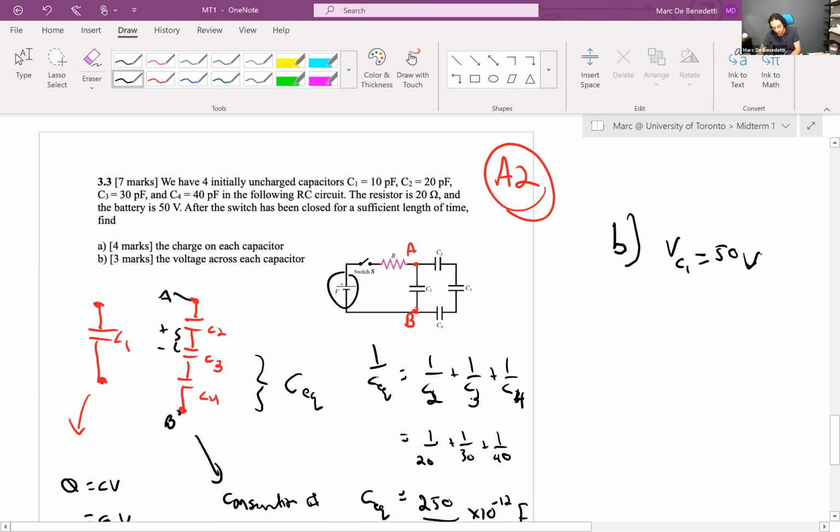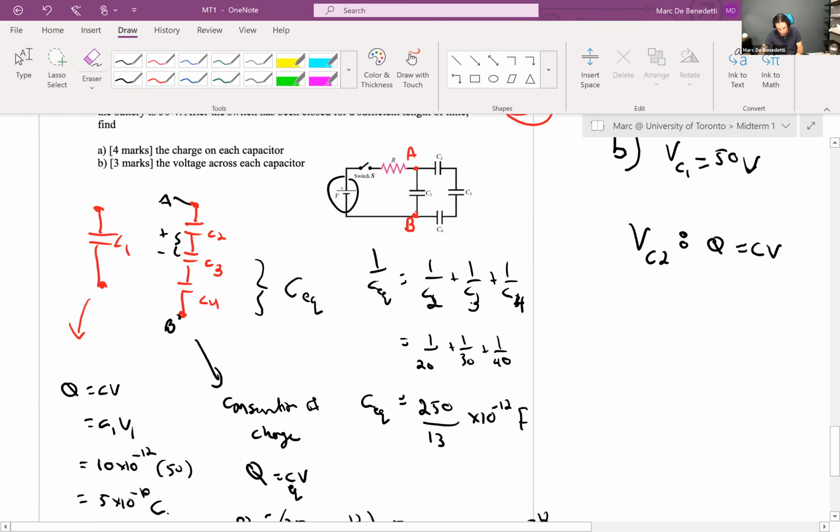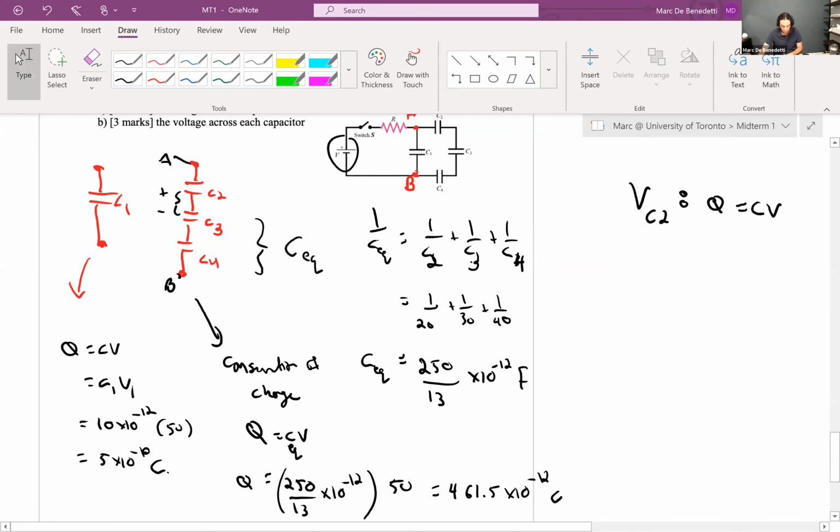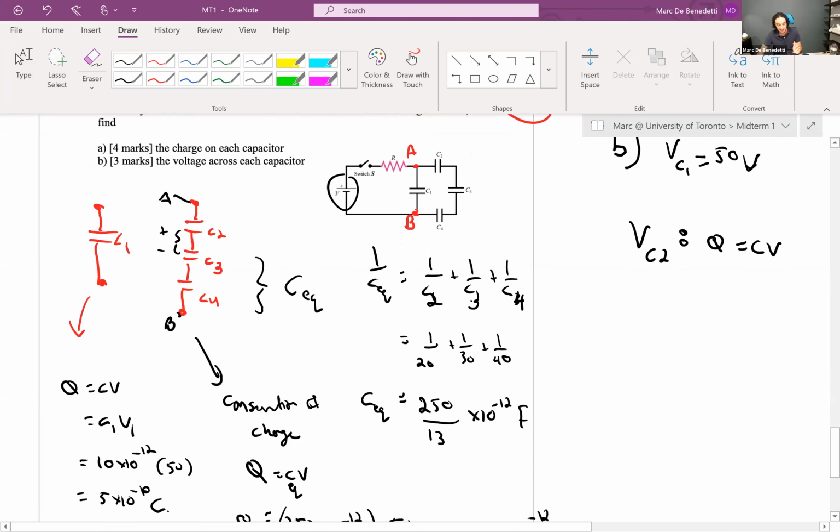For the other ones, the voltage across C2 is going to be found with the equation Q equals CV. So we know the charge on each capacitor, Q. The charge on each capacitor was 461.5 picocoulombs.